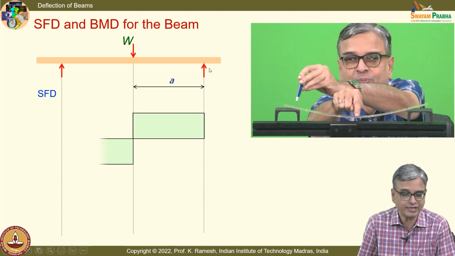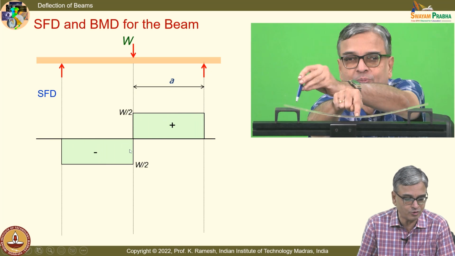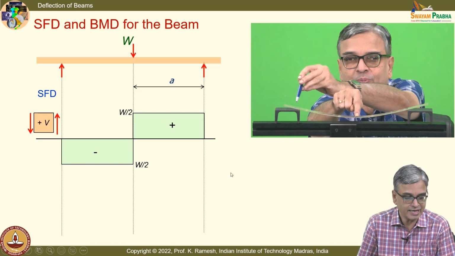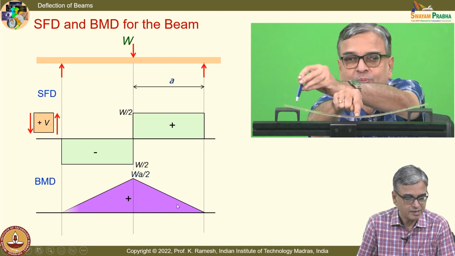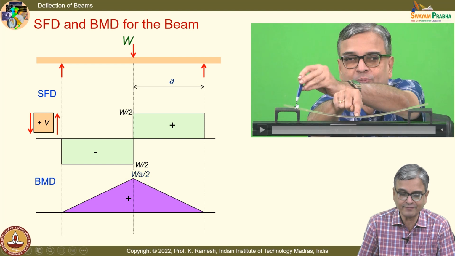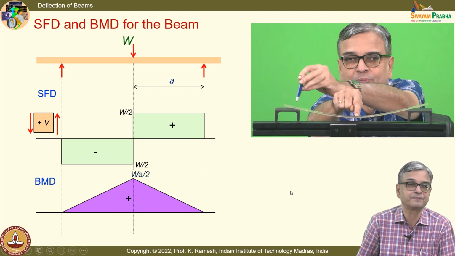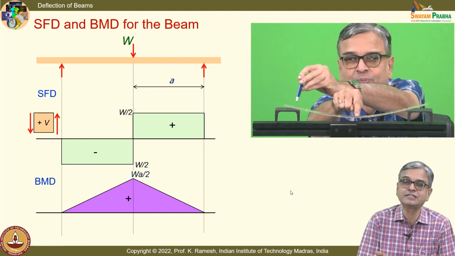I have the load here, I go up, I remain constant here and come down by W, and then go here and then go up. Similarly, I can have the bending moment diagram. I have this going like this, fine, and you also have the deflected shape. So, you have all the information that is necessary for you to solve the problem.